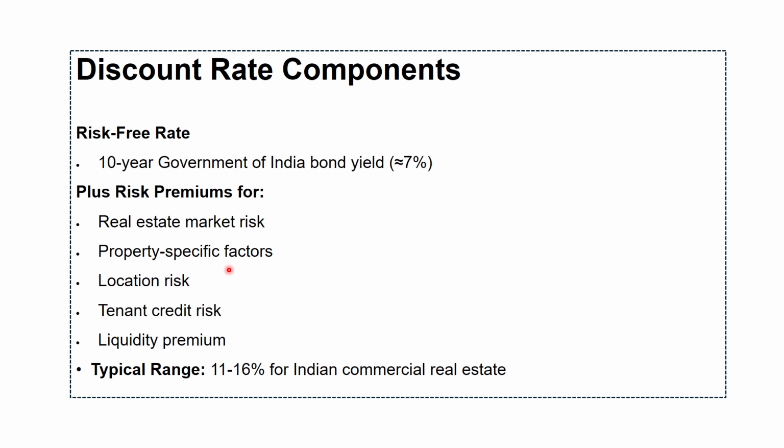The typical range for discount rate in India for commercial real estate is 11 to 16%, depending on the specific property and market characteristics. So, that is the overall components of discount rate. So, we have seen that for risk-free return, we are talking about a 10-year Indian bond.